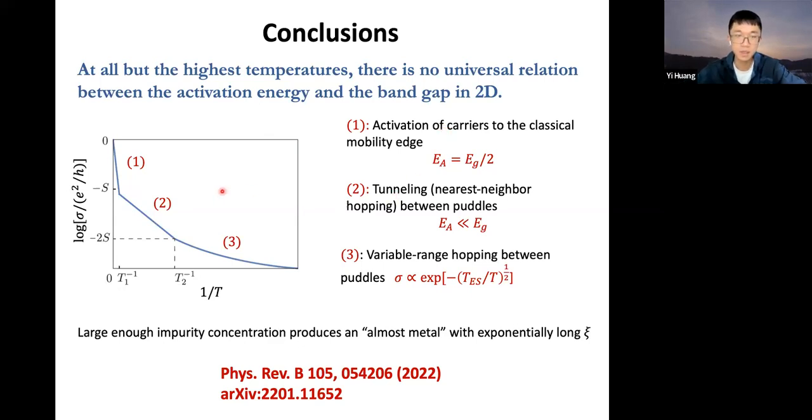However, we think that actually for those experiments I mentioned, like TI or bilayer graphene, maybe the conduction mechanism is related to the tunneling between nearest neighbor puddles of electrons and holes. In such a case, the activation energy can be much smaller than the band gap.